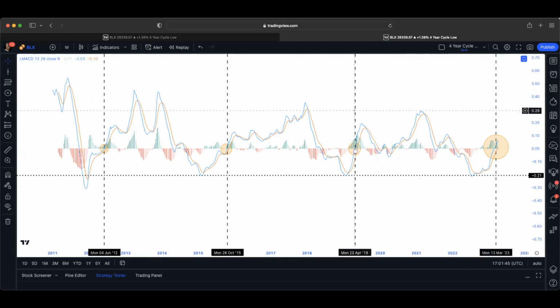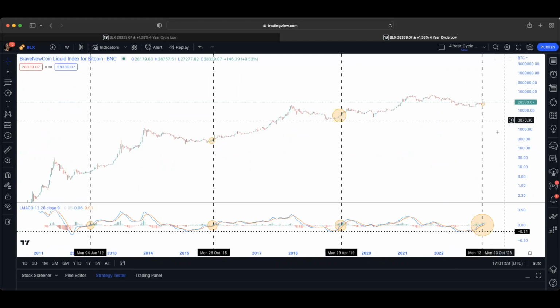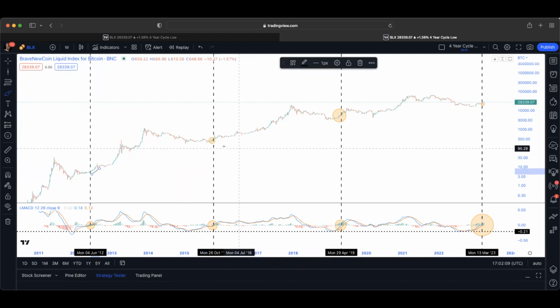Okay, so that's essentially a rough idea of where the MACD line and the signal line crossed the 0 line on the histogram. And here we are. You can see first time it led to pretty significant upside. You can see here there was an upside move here.